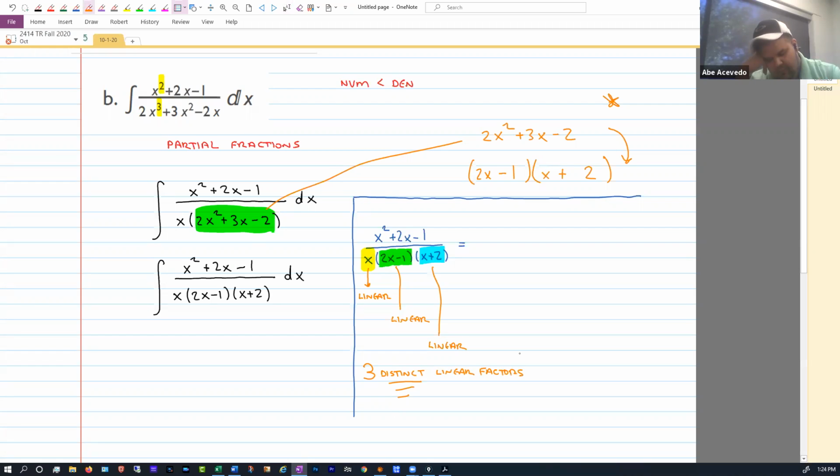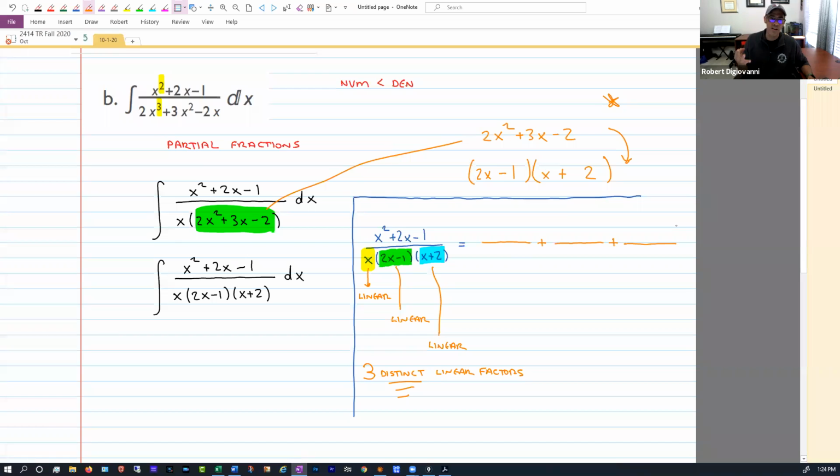Okay. So if you have 3 distinct linear factors, that tells you something. That tells you that this thing should split up into 3 different things. It should be some fraction plus some other fraction plus some other fraction. You know that because you have 3 distinct linear factors. If you had 5 distinct linear factors, then you know it breaks up into 5 things.